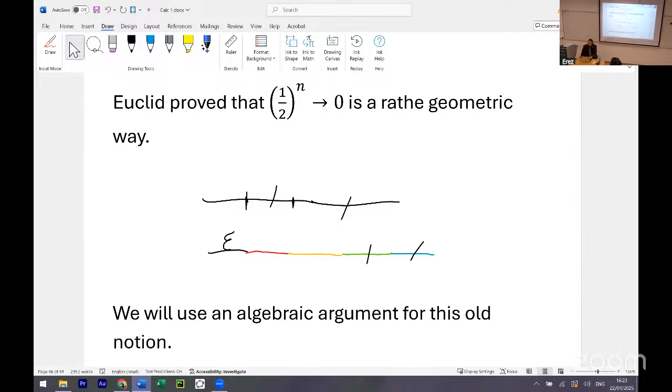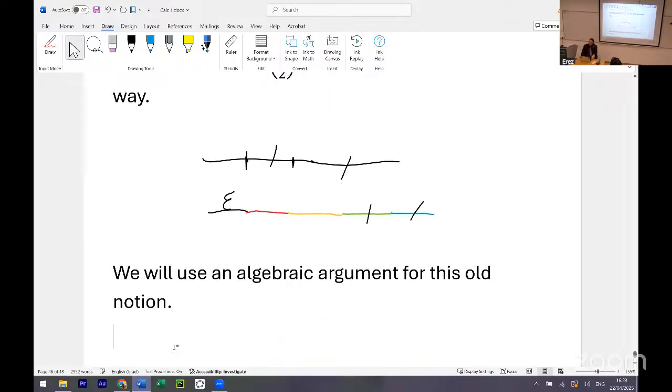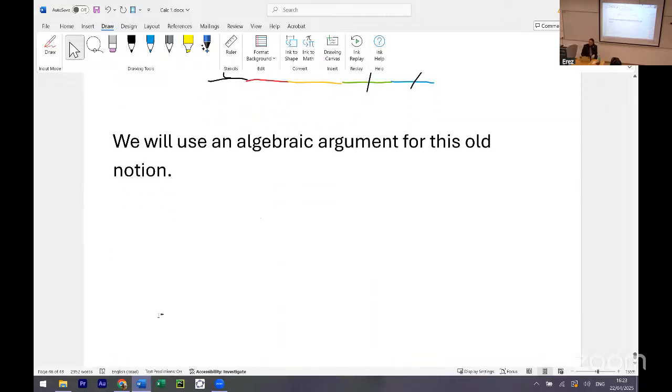What I like about it the most, why I like to speak about it, is to give Euclid his credit. And all the ancient Greeks, they already knew this stuff. So you feel that you learn calculus, but you actually learn Euclid still.